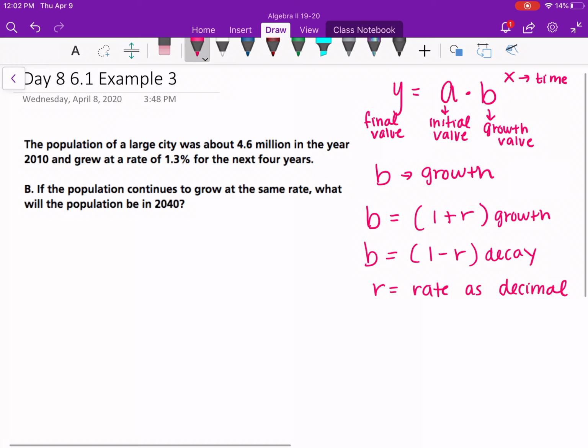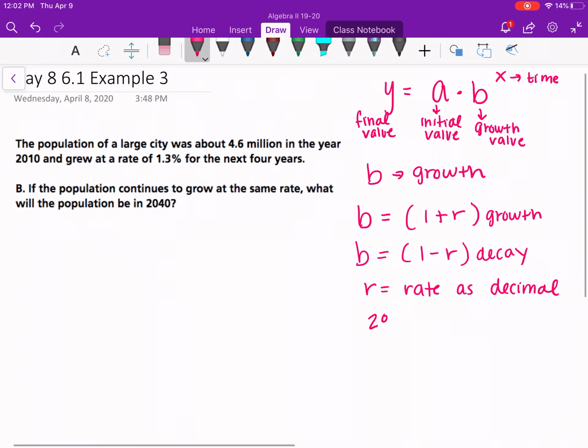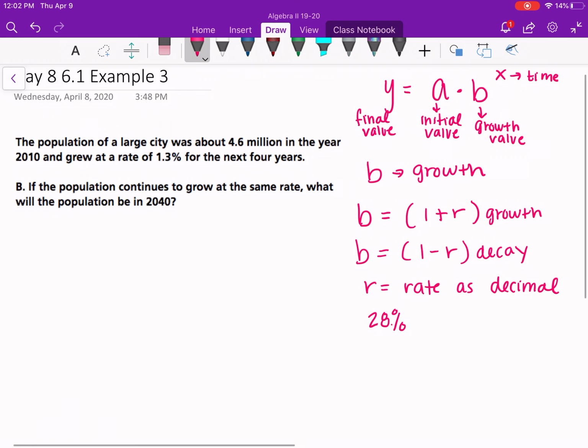As a decimal, which means if you're given a rate as a percentage, let's say they told you that you were getting interest at 28%. 28% is not a decimal, okay? Remember, to go from percents to decimals, you want to take that decimal place and move it two places to the left, okay?